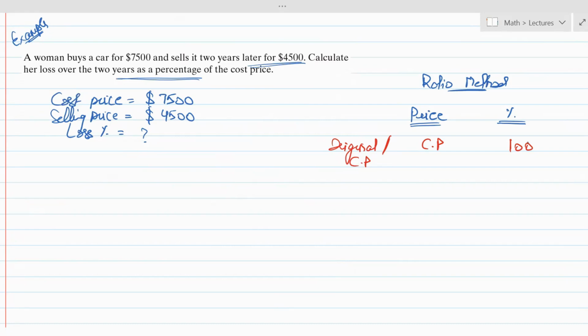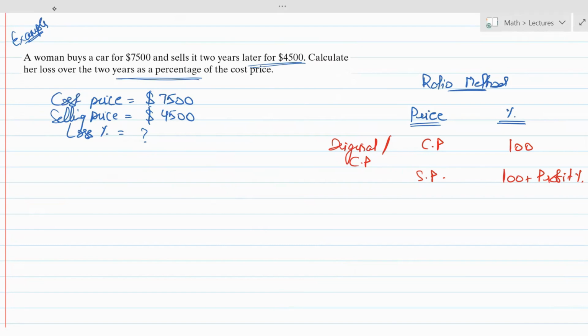Whatever it is, always remember that in case of profit, it's a value which is more than 100, because you only get a profit when your selling price is more than the cost price. So if it's a case of profit, you'd add the profit percentage into 100, and that would be in front of the selling price. So it would be 100 plus the profit percentage.